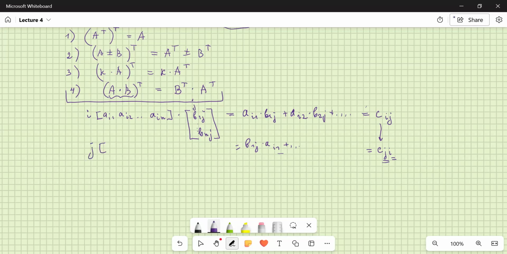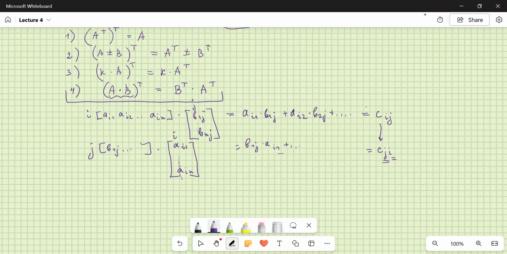We will need to write down the column first, B_1j, and the row second, A_i1 through A_in. If you do this, the indexes are not going to be sitting in the right place. But if you multiply it this way, it's going to give you the same product, right? But you turn this one into a row and the first one, which was a row, into a column.